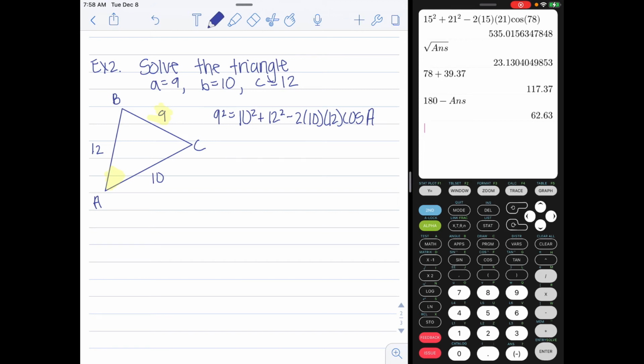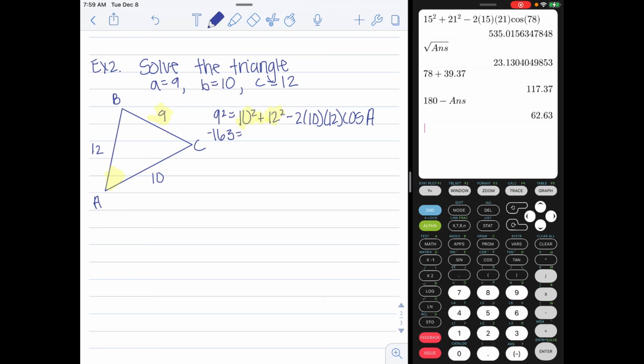Okay, so let's clean this up a little bit. 9 squared is 81, 10 squared 100, 12 squared 144. So I'm going to add those two and then I'm going to subtract it over. And when I do that, I should be getting, and same with you, negative 163. Okay?